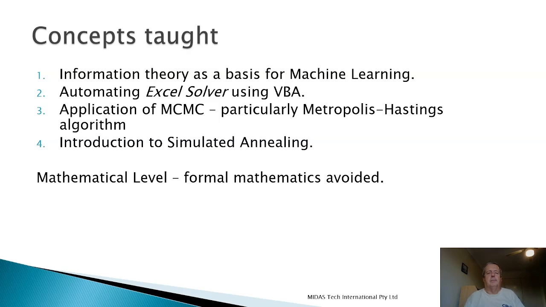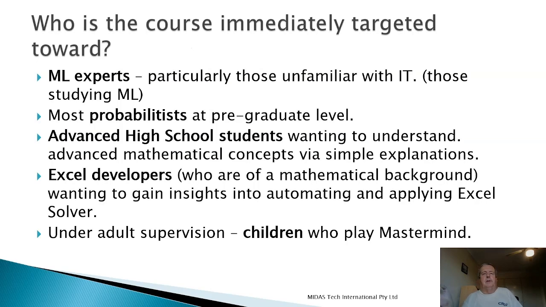So who is this course immediately targeted toward? Well, machine learning experts, particularly those unfamiliar with information theory. And I have to say, there are many machine learning experts not familiar with information theory.